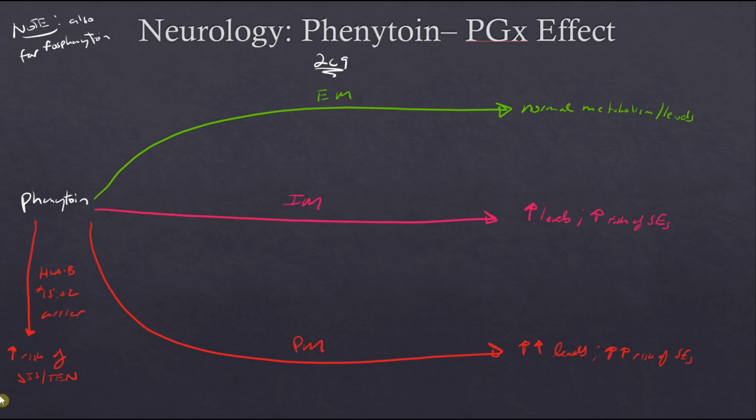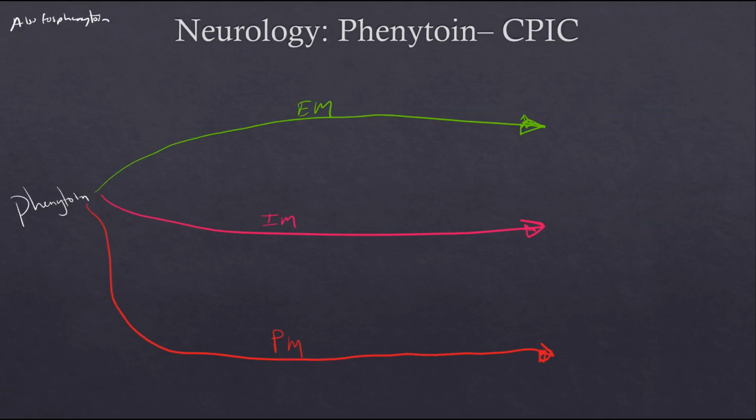So what are those recommendations for 2C9 and HLA for phenytoin? So if you're an extensive metabolizer at 2C9, you use as directed because you have those normal levels, that consistent dosing with the guidelines.